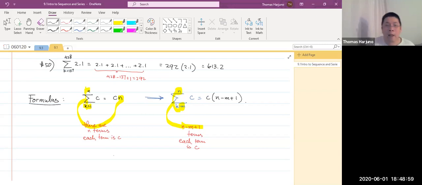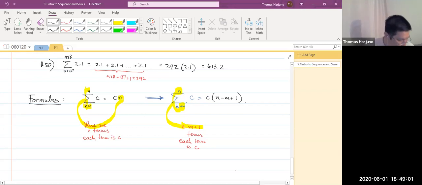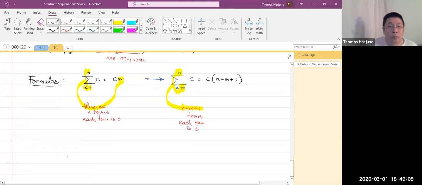Okay, now other formulas. The summation of a sub k plus b sub k. So we have the summation of two terms from 1 to n.